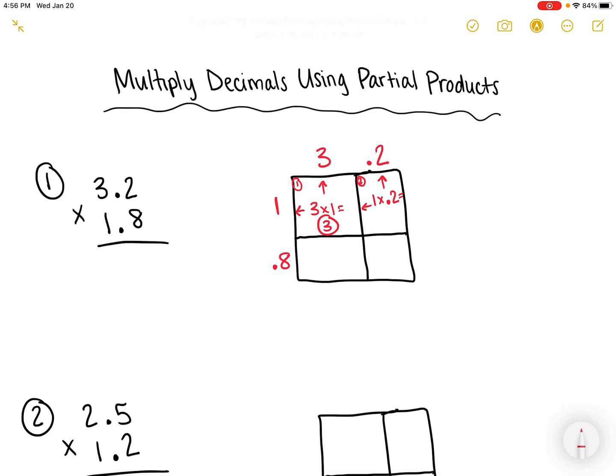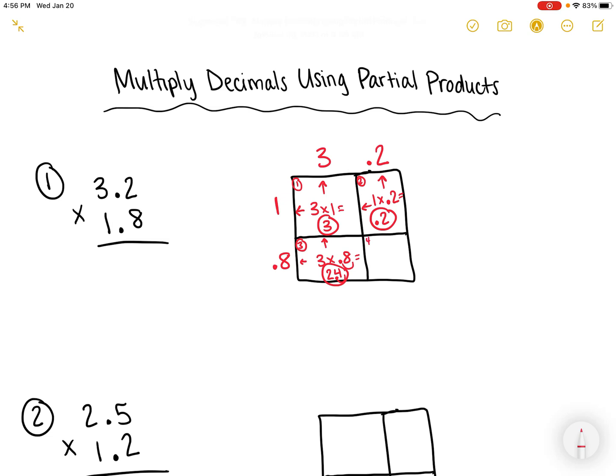And then 1 times 2/10 is 2/10. Now let's go to our third box here. We look up and to the side. We need to do 3 times 8/10, which I know 3 times 8 is 24, and I have to move my decimal in 1 time. So it's 2 and 4/10.